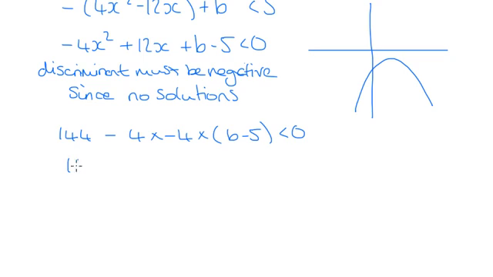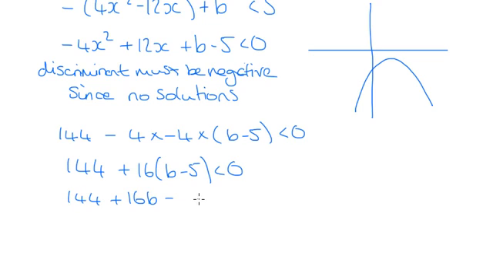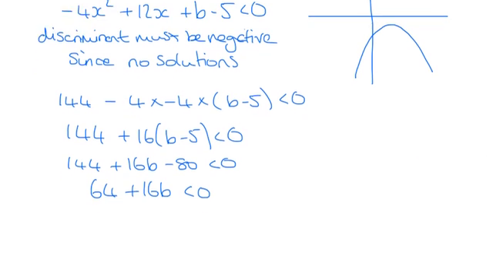And if we simplify this, that's going to be plus 16 lots of b take 5, which is 144 plus 16 lots of b, take away 80. And if we simplify this, that gives me 64 plus 16b must stay negative.